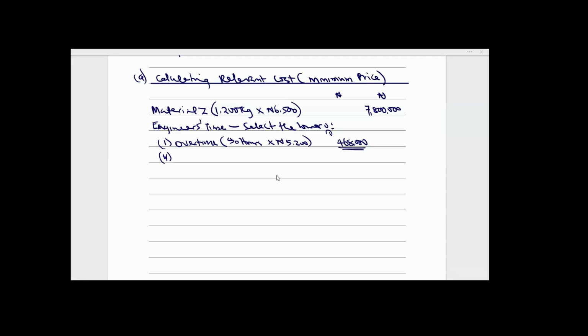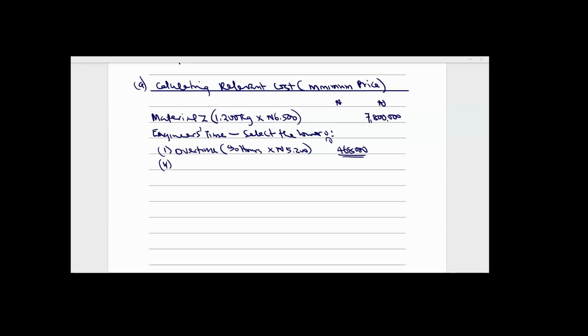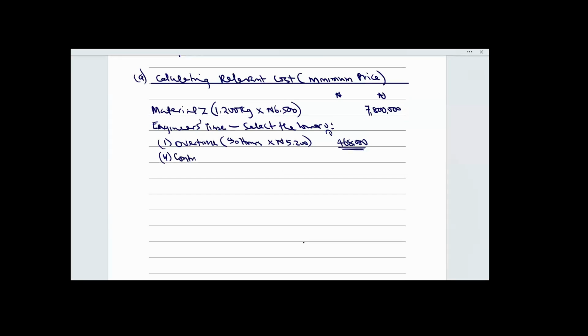Therefore, what are you supposed to do here? First, you determine the contribution per unit. How do you determine the contribution? 486,000 minus 336,500, divided by 30 hours. It will give you the contribution loss per hour. Then you multiply with the 90 hours that you want to spend on this new project. Okay, so let's put it down. Contribution loss. How do you calculate this?